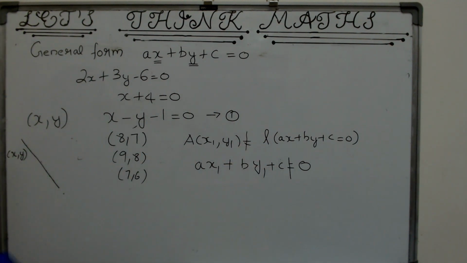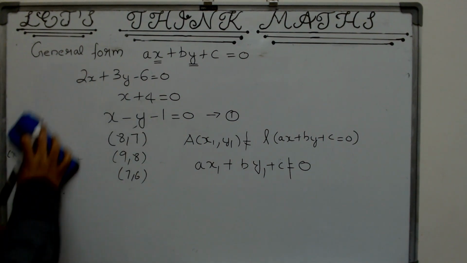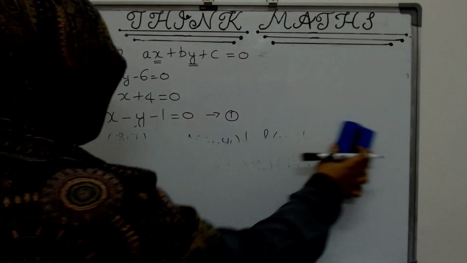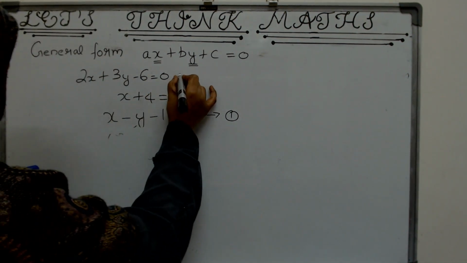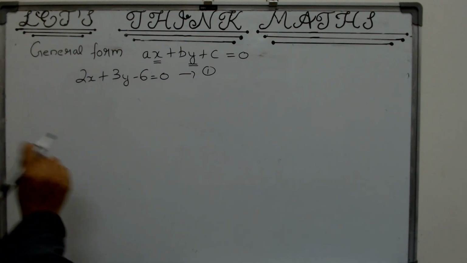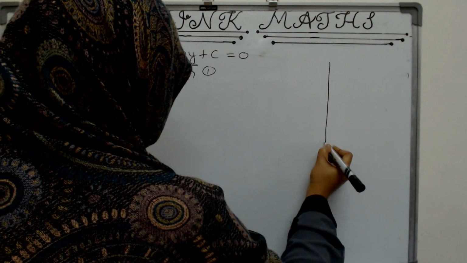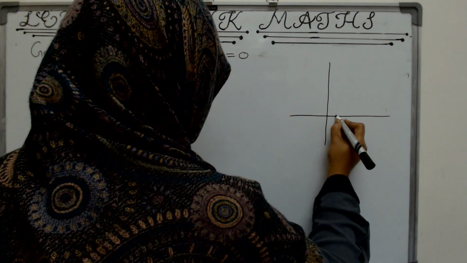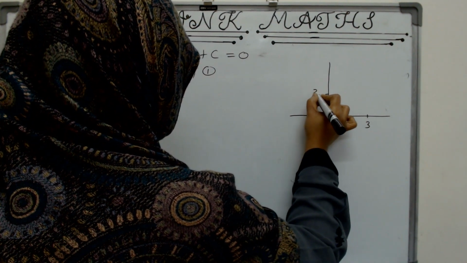So now the next thing we learn is how to draw this line in a two-dimensional plane. So we will draw the x-axis and y-axis, and randomly I will take this line now. And we will see how to draw this line in the xy plane. So first let us draw the xy plane. 1, 2, 3. 1, 2, 3.